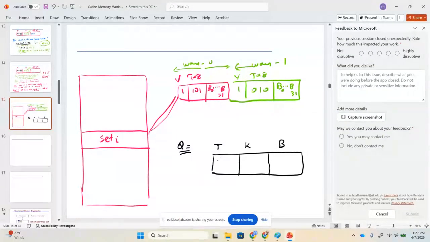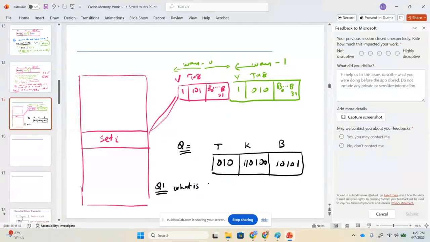The tag value is 010, the index is 11010, and the block offset field is 0. And now the byte offset is 10101. Okay, question number 1.